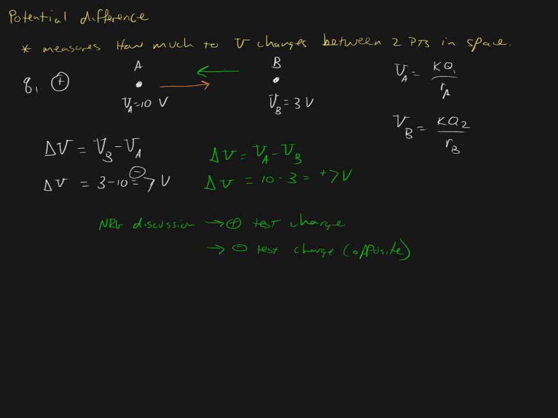So you're actually adding energy into the system when you go from high potential to low potential with a negative test charge. And in the next video, we're going to talk more about the sign for potential. So we'll see that a little bit later.